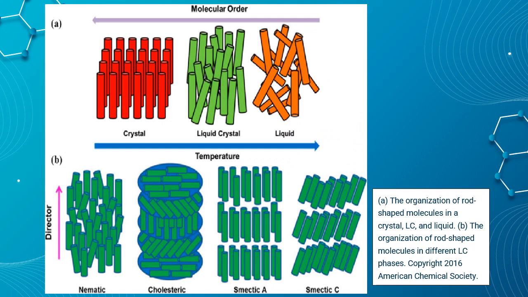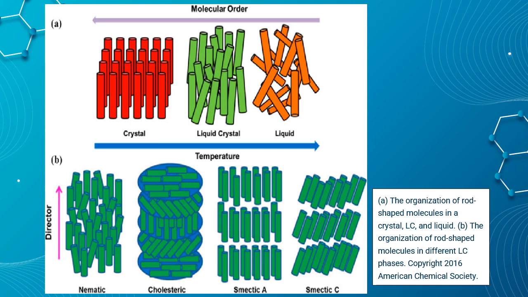So this diagram shows the different organization of rod-shaped molecules with different molecular order. The first one is a crystal, the second one is a liquid crystal, and an isotropic liquid.